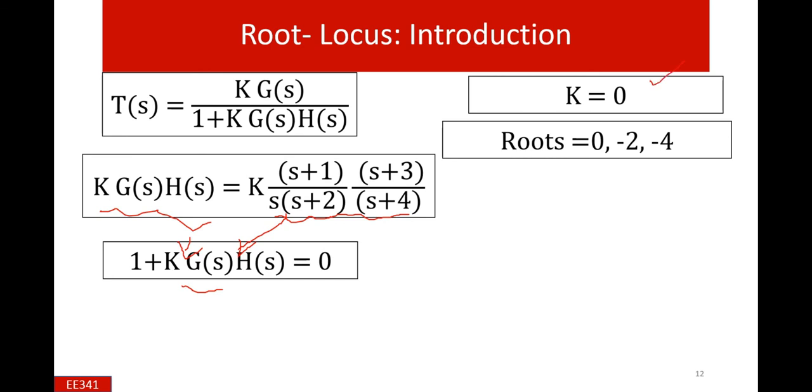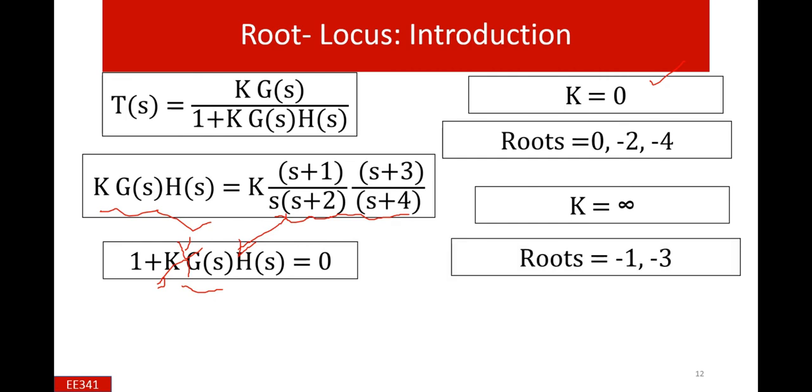Similarly, if we take K equal to infinity, maybe some maximum value, and then take the common factor, because K is not equal to 0, and manipulate the relation, we find that there are two roots existing at -1 and -3, and this is the end point of the root locus.